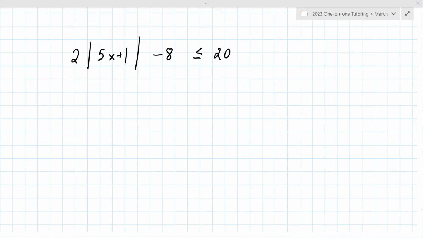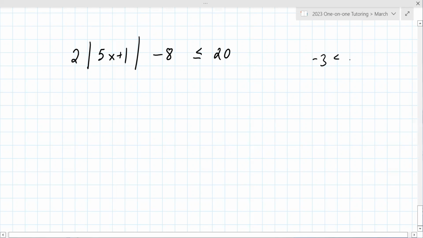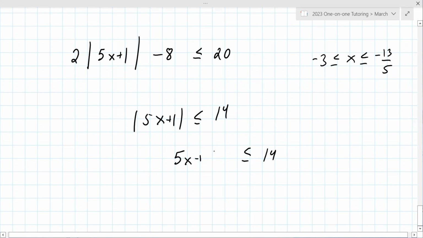Okay. -3 is less than or equal to x less than or equal to -13/5. Like that? Yeah. It looks pretty good. So did you get it down to absolute value 5x plus 1 less than or equal to 14? Yeah. Okay, so -14 less than or equal to 5x plus 1 less than or equal to 14.